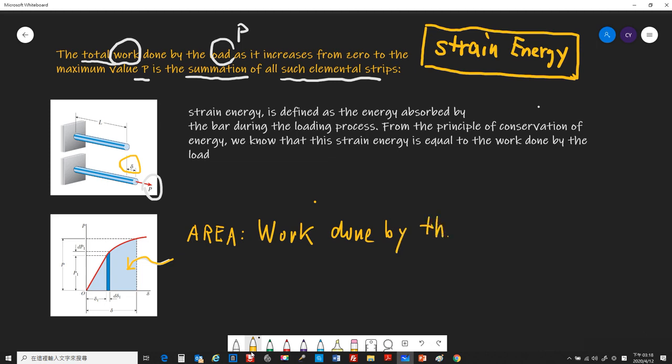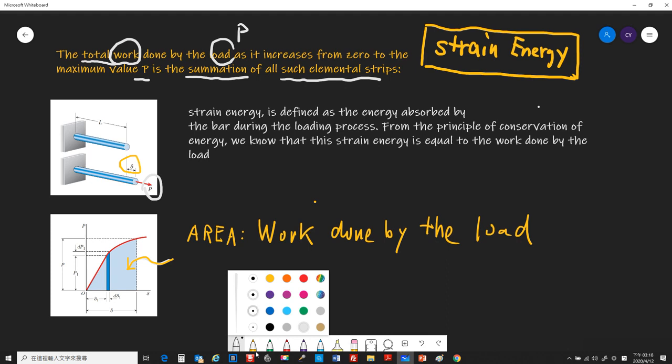by the load. So this is like an integral. For example, you will calculate a small area like this. This is a small area. It's better to use the pen.